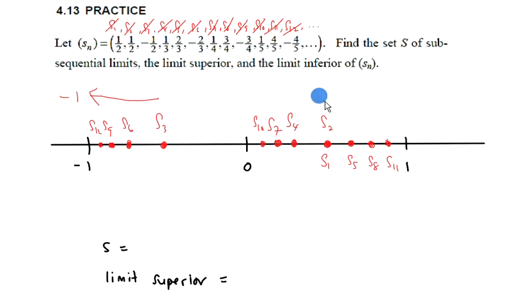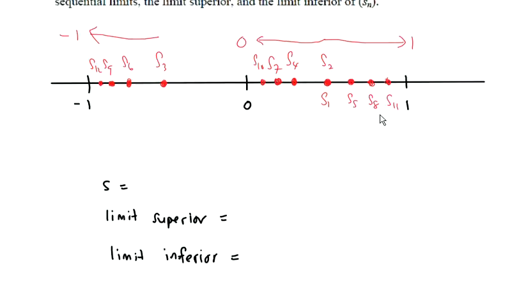It moves to the left and approaches 0. This is the second subsequence. And the third subsequence starts from half also, but moves to the right and approaches 1. So we have 3 subsequential limits.